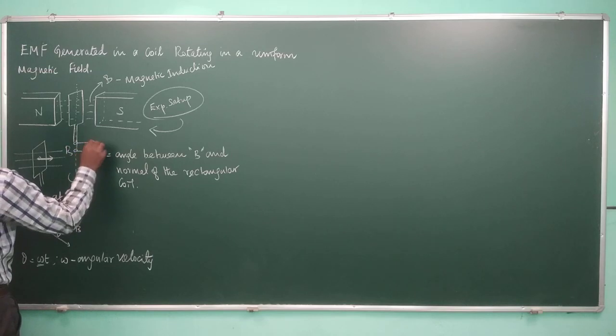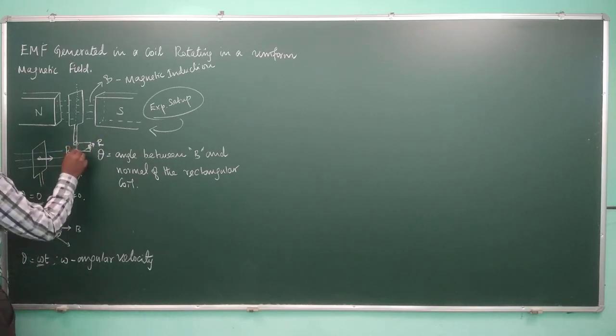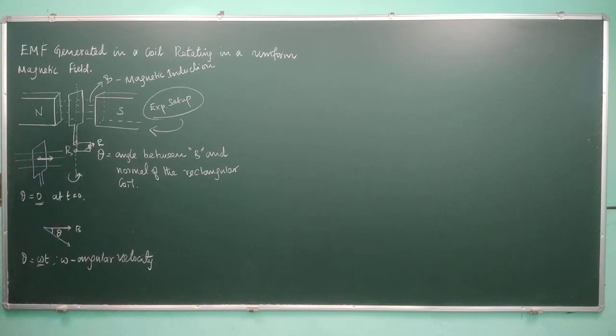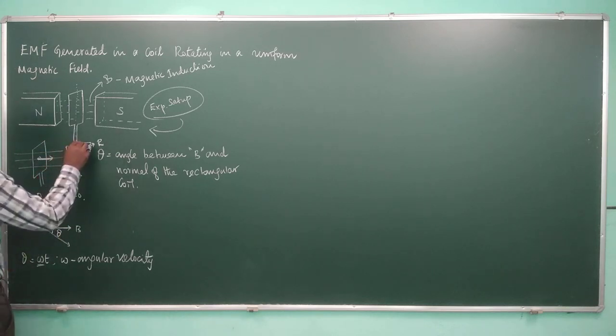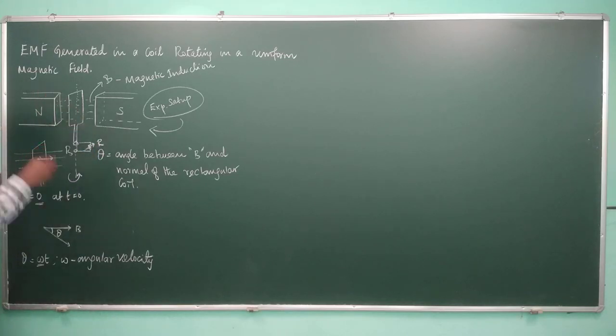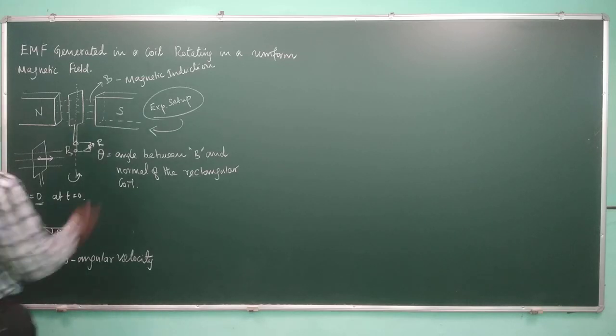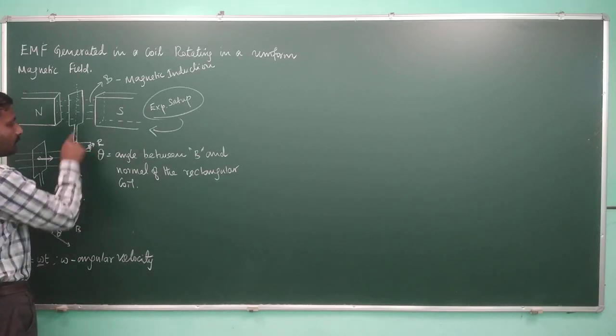In the bottom there are two brushes, two circular rings, and a setup is made in such a way that we can create a closed loop with a high resistance. Across the resistance you can draw the potential difference, and if you connect an ammeter in series with the resistance, you can measure the current.